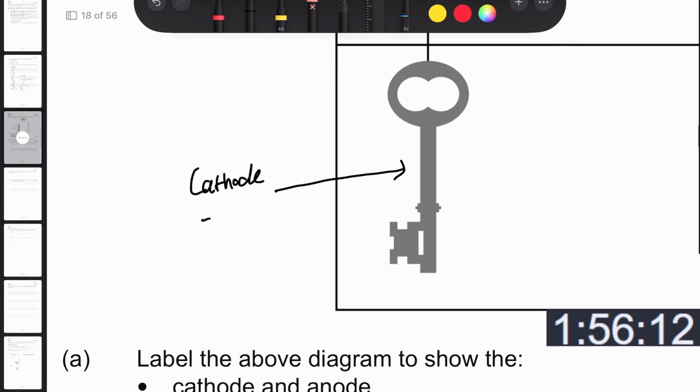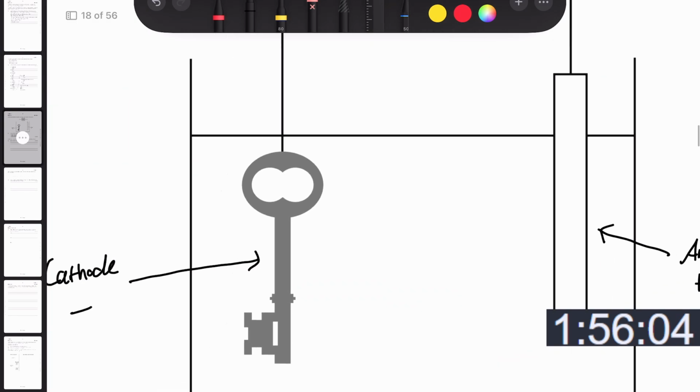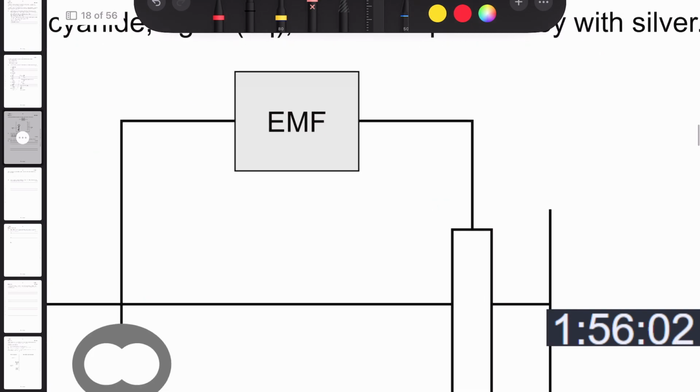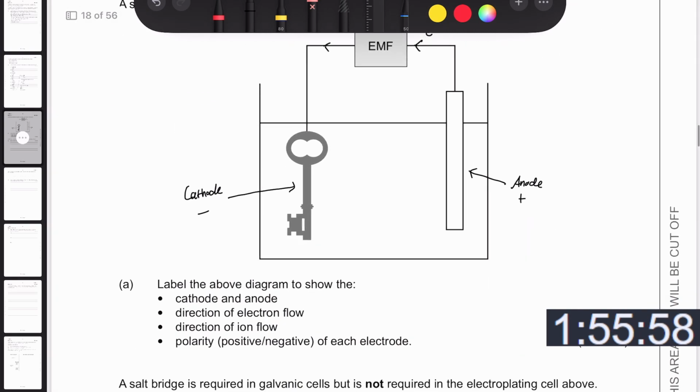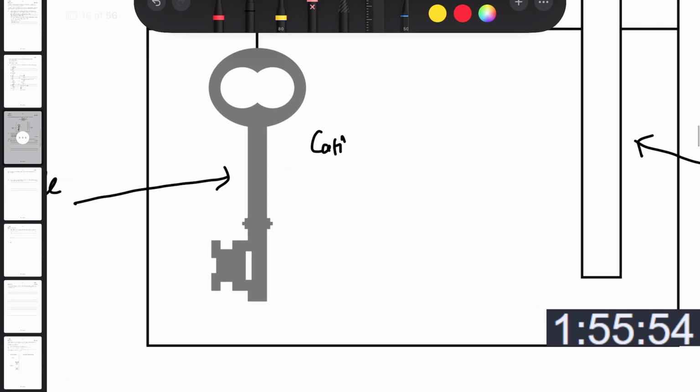And then in an electrolytic cell, it's opposite of what it should be. So that's negative. This is going to be the anode. Okay, positive. Electron flow is going to be this way, anode to cathode. And then direction of ion flow: cations go this way, and then anions go this way.